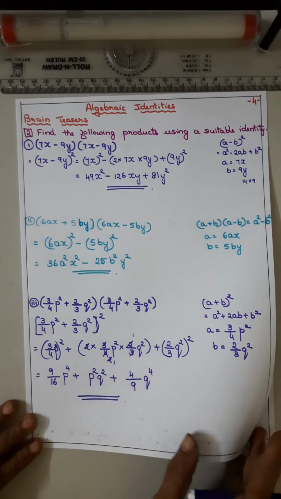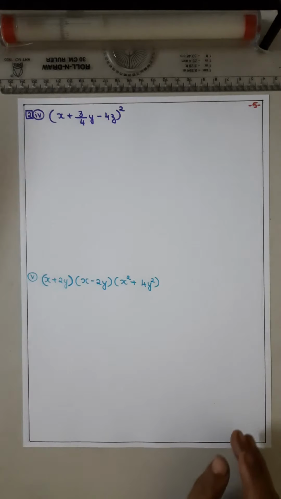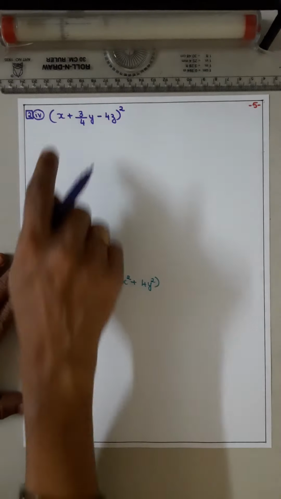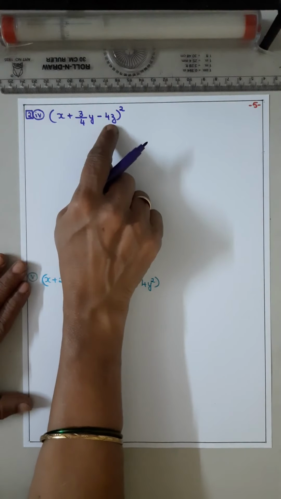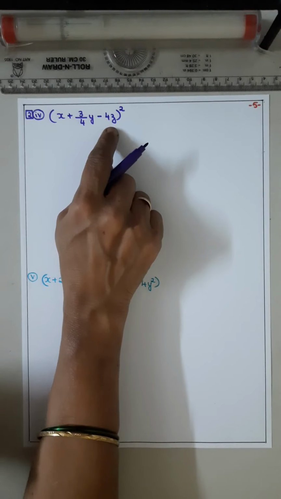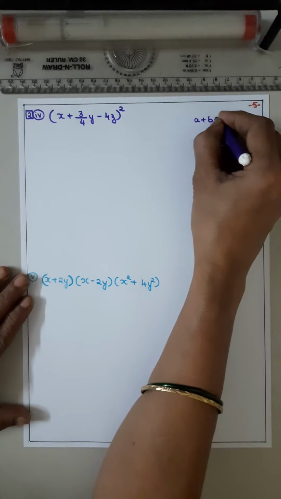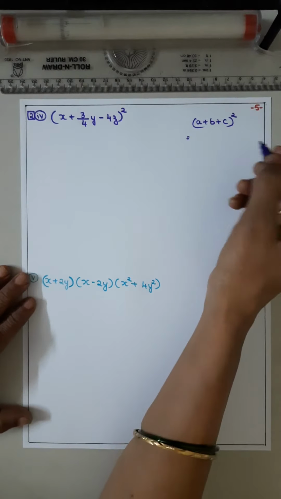We have completed question number 2, first, second and third. Now coming to the fourth sum. Now x plus 3 by 4y minus 4z the whole square. Which one? A plus b plus c the whole square. How to write?